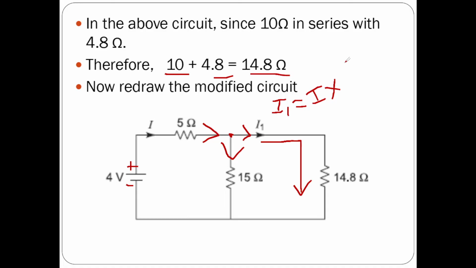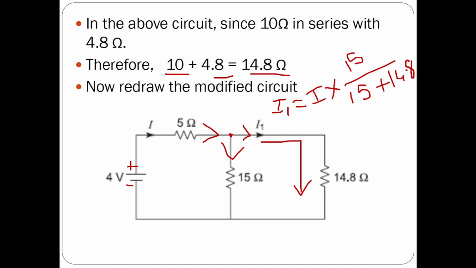So I into 15 divided by 15 plus 14.8, that is, opposite resistance plus self resistance. So I1 equals I into 15 by 15 plus 14.8. This is the formula. But we do not know the I value.